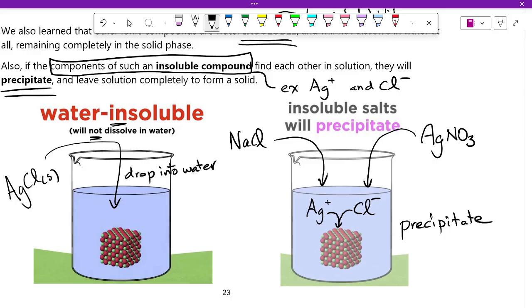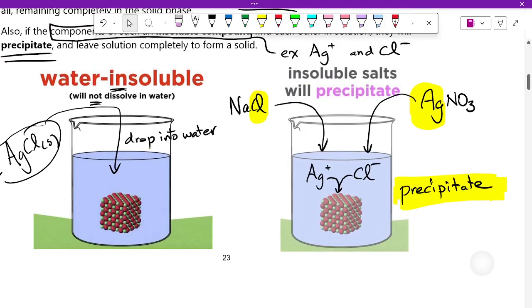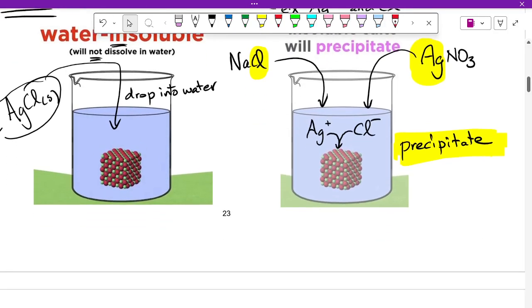So, insoluble compounds, if you take the solid and drop it in, it simply won't dissolve. If you take their components of an insoluble compound, they will come together to form a precipitate. That's a double replacement reaction, yeah.